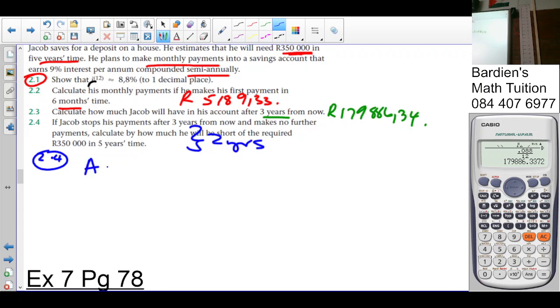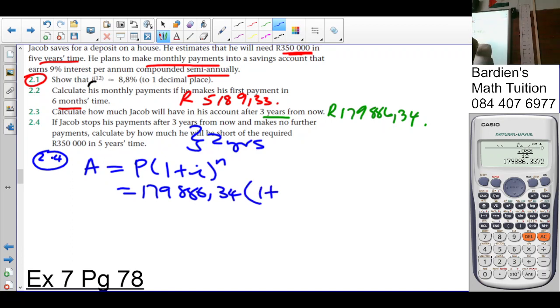So that's going to be A equals P into 1 plus i to the exponent n. So P is 179,886.34 into 1 plus 0,088 over 12, the exponent 12 times 2 years.